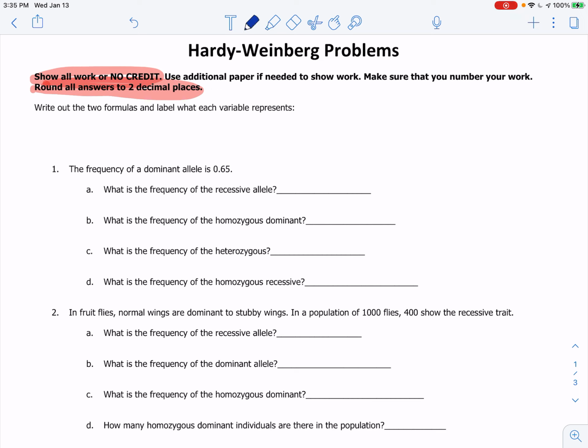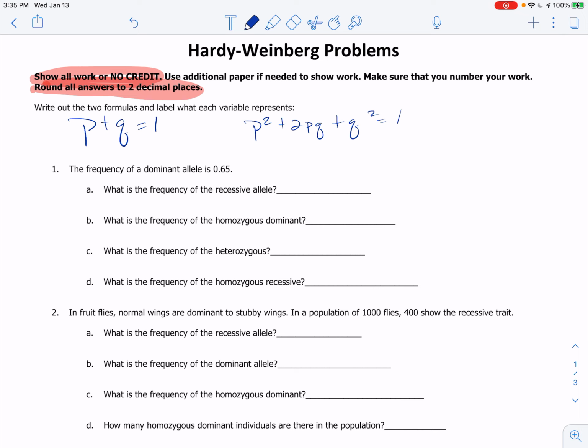All right, there were two formulas that I asked you guys to put in your noggin and to remember. So the first one is going to be P plus Q equals 1, or 100% of the population. The second one is P squared plus 2PQ plus Q squared equals 1, or 100% of the population.